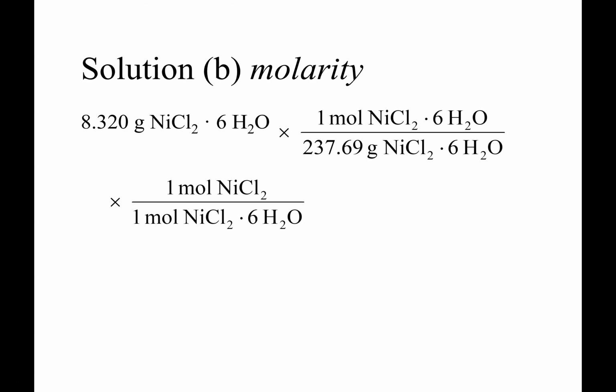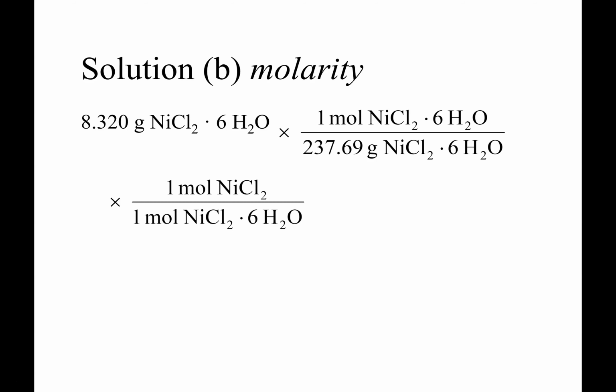Oh, I'm not going to do one more thing. This third term up here, sometimes people blow it off, but I wouldn't suggest it, because if I stop after the first 2 terms, I have moles of the hydrated salt. And I need moles of the NiCl2 without the waters.